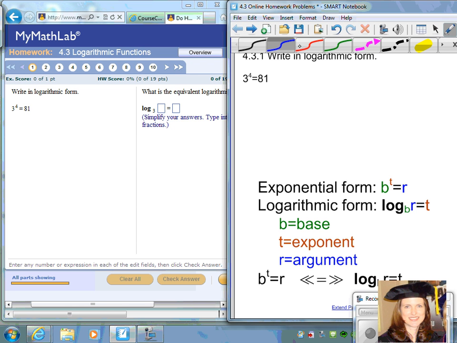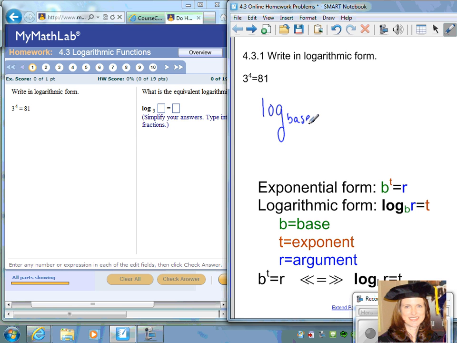The letters log are an abbreviation for logarithm. Anytime you have a logarithm, you're going to write it as a base, an argument, and an exponent. The log on one side is always equal to the exponent on the other side.